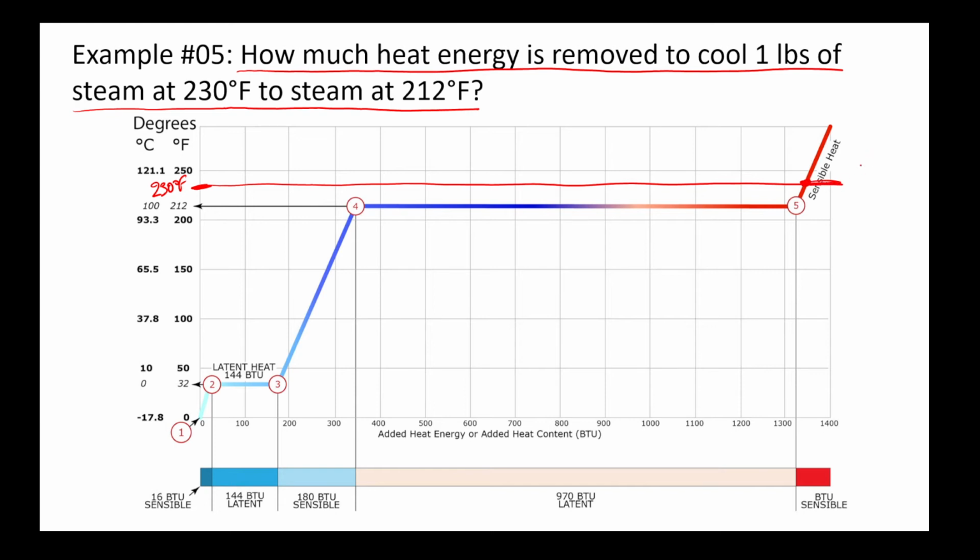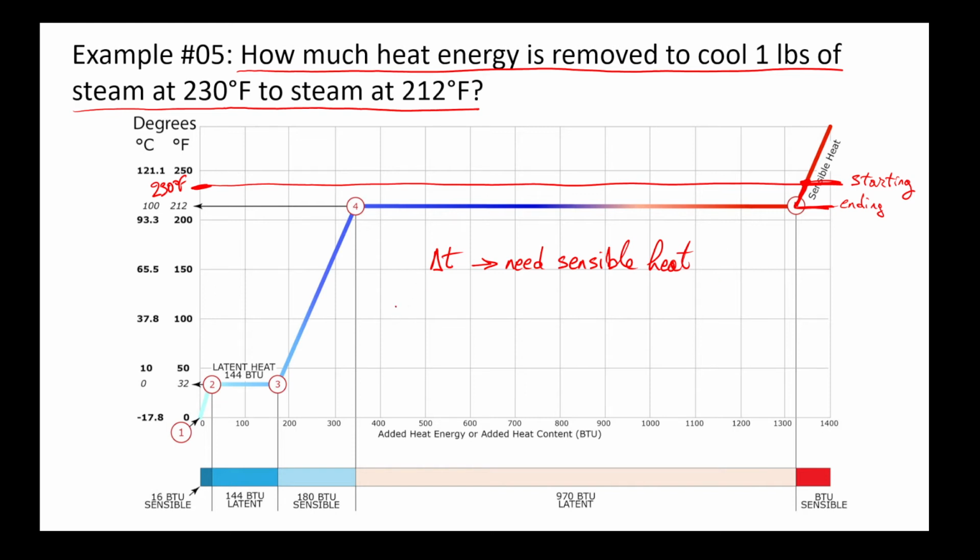This is the starting point, and this, which is 212 degrees Fahrenheit, is the ending point. Obviously, there is a temperature change, so we have delta T. When you have delta T, you need sensible heat. So how much heat is removed to cause a delta T of how much?